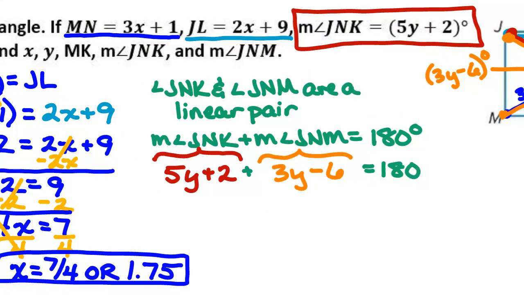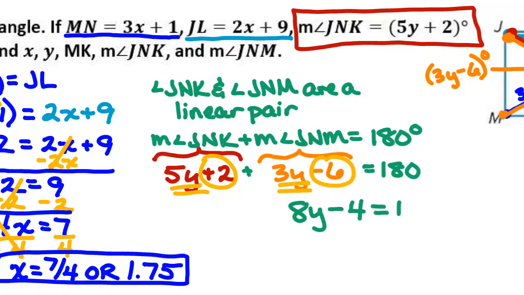So now we have some like terms to combine together. 5y and 3y combined to give us what? 8y. And then we have our constants, a positive 2 and a negative 6. What do you get when you combine a positive 2 with a negative 6? Negative 4. So 8y minus 4 equals 180.